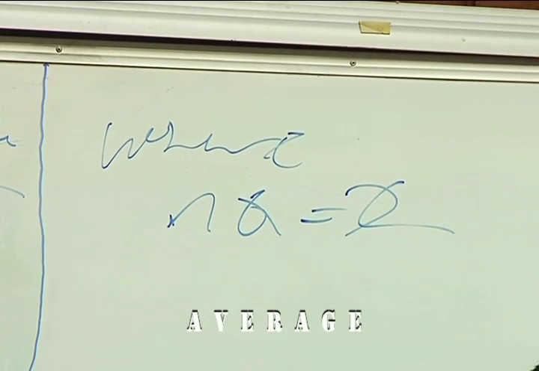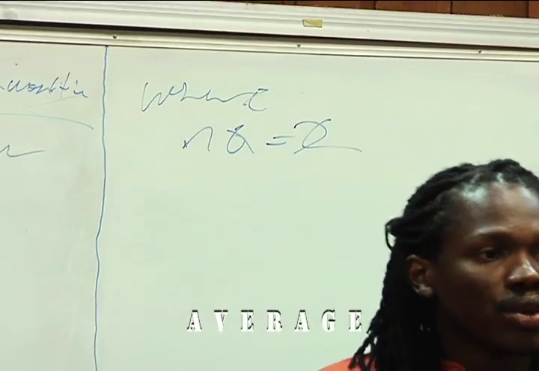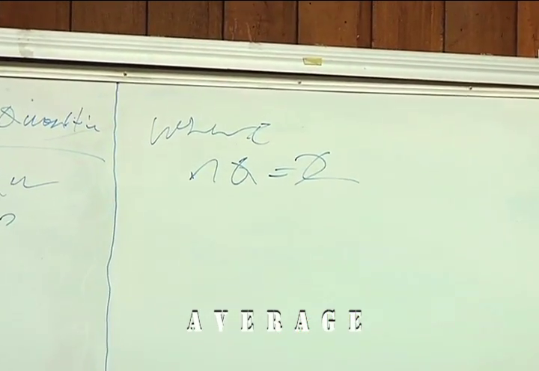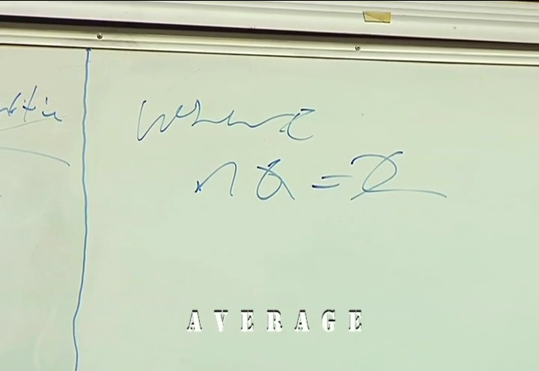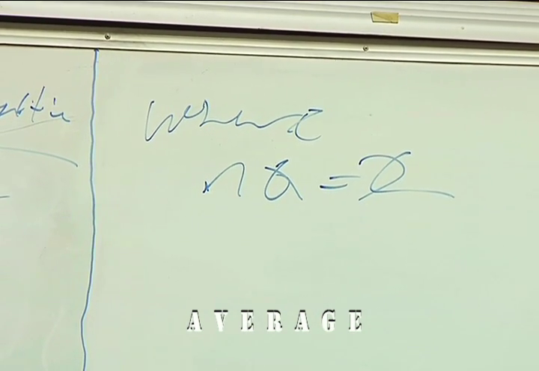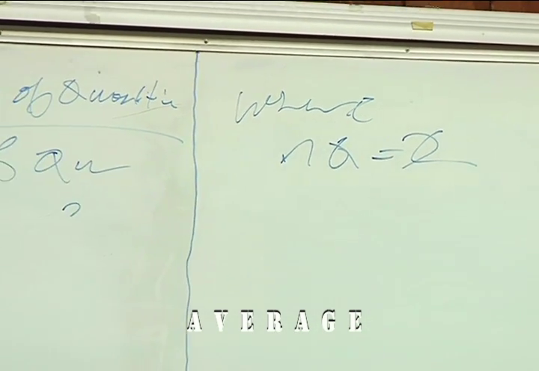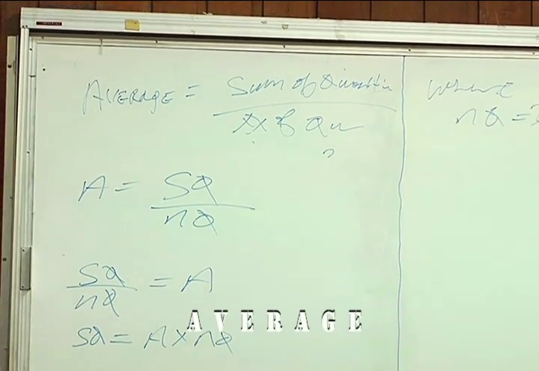NQ equals X, the number of quantities. Do you know the number of oranges? You put the oranges in the box. So how many oranges are in the box? You don't know. So then it's X.